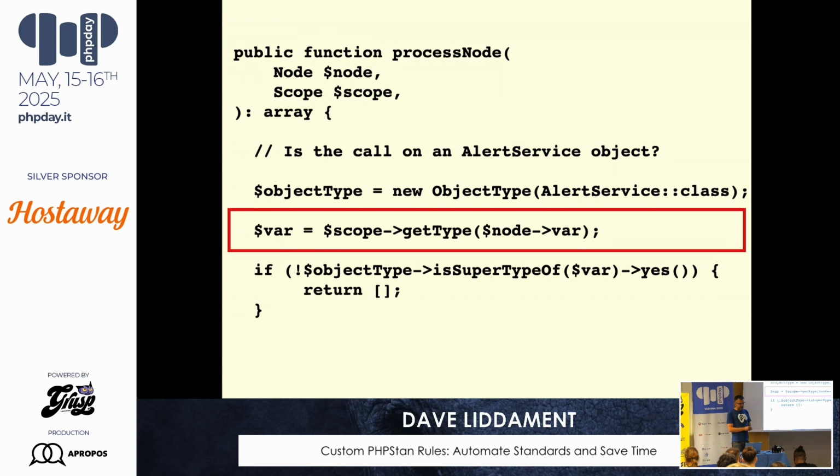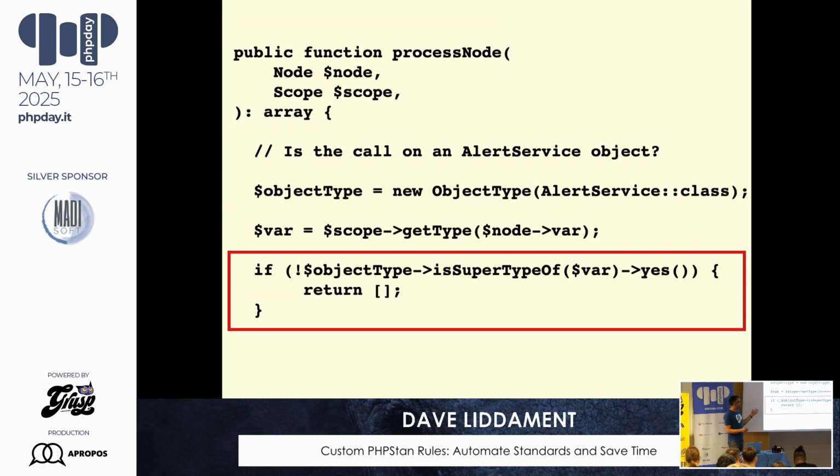So here we're saying, get me the type of node var. And then we've got this if statement, and what this is essentially saying is, if we're not acting on alert service, then return an empty array. So if it gets beyond here, PHPStan has decided that $node var is an alert service object.